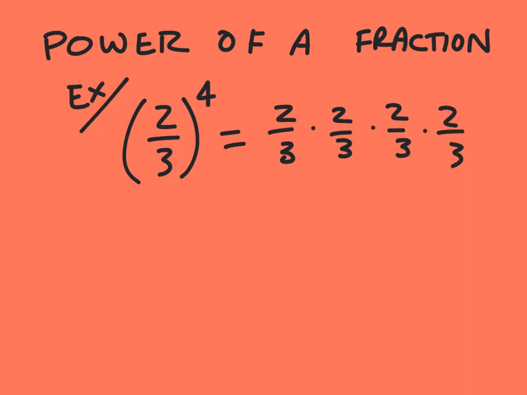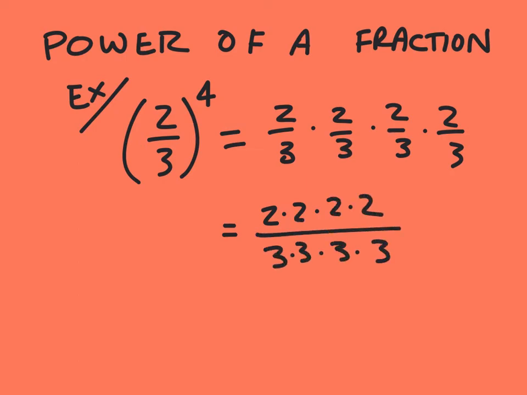And we just multiply our numerators together and our denominators. I'm going to write this as 2 times 2 times 2 times 2 over 3 times 3 times 3 times 3. So as a result, I'm multiplying 2 4 times, so I've got 2 to the 4th over, multiplying 3 4 times gives me 3 to the 4th.